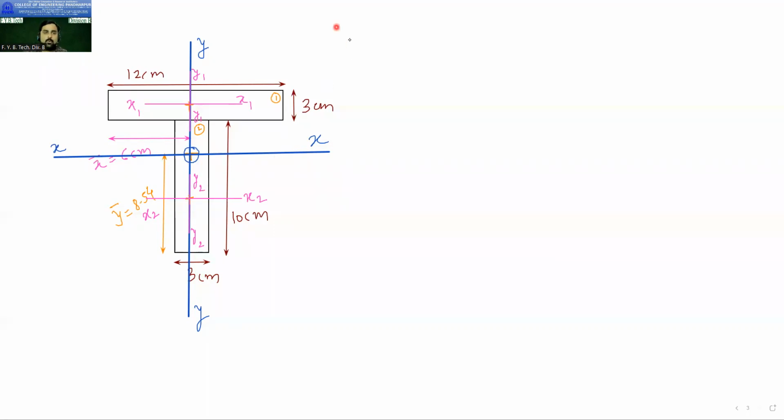Okay. So now what will we do? We will first calculate Iyy. For Iyy, as the figure is symmetric about the y-axis, that is why y1, y2, and yy are on the same line.